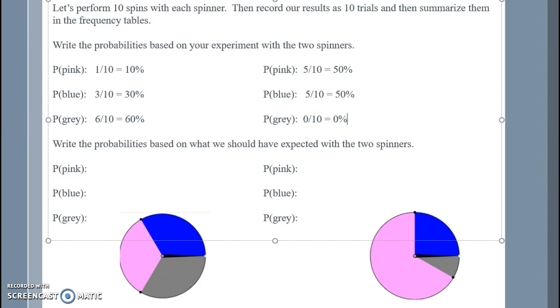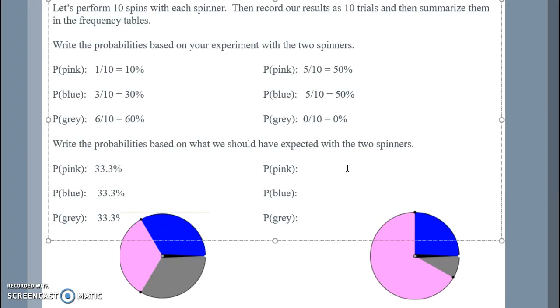Now, what we should have expected was, because this is equally split into thirds, that we should have gotten 33 1/3% for each one of these. Each one should have been 33 1/3%.